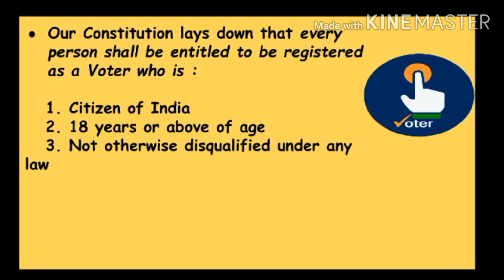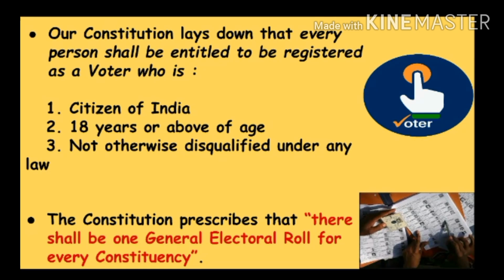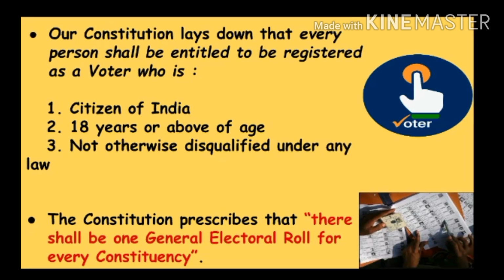Our constitution also prescribes that there shall be one general electoral roll for every constituency. Now, what is the meaning of constituency? Constituency means a well-defined territorial area from where a candidate contests elections.